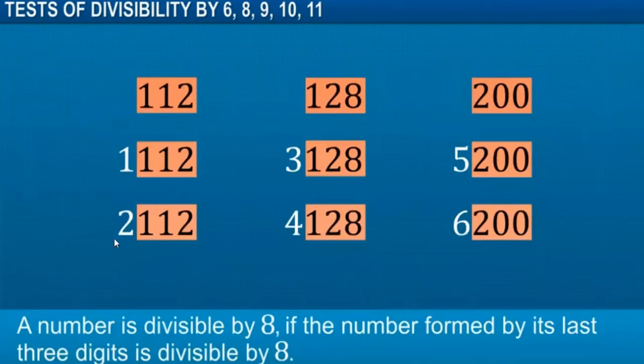In the divisibility of 8 we consider the last 3 digits, that is the hundreds place, tens place and the ones place. If the number formed by these digits is divisible by 8, that is, when we take the last 3 digits and divide by 8 and get remainder 0, then the whole number is divisible by 8. If the remainder is not 0, it is not divisible.